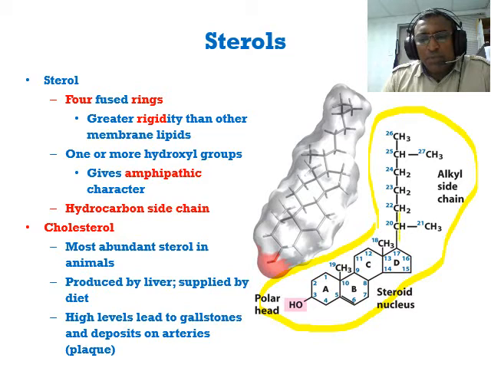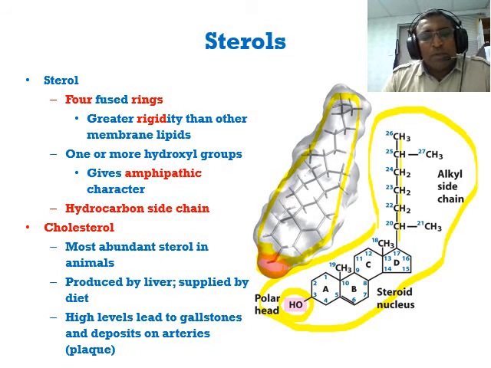Similarly, the hydrocarbon chain that is connected to it is also not soluble in water. So as a whole, this structure from here until here is not soluble. But this section here, which is represented by the OH hydroxyl group, makes it water-liking. Therefore, it's amphipathic because of that OH.